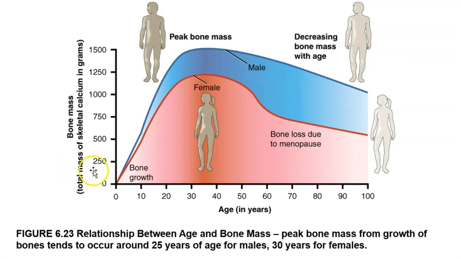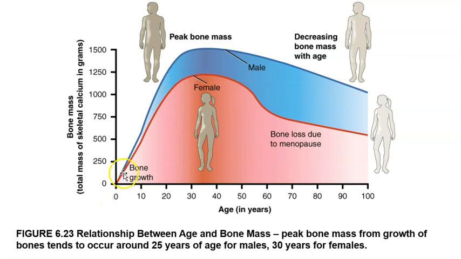So we see that from ages 0 to about 25 years of age for males, bone growth and bone mass will continue to increase until males reach a peak bone mass at about 25 years of age. For females, peak bone mass occurs at around 30 years of age or so.